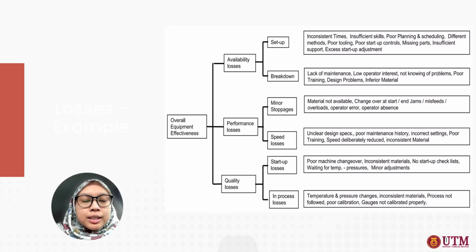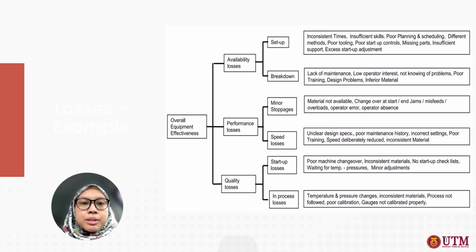Okay, for better understanding, here are some loss examples. We can see availability losses, which are setup losses, such as inconsistent times, insufficient skill, poor planning and scheduling, different methods, poor tooling, poor startup control, missing parts, insufficient support, and excess startup adjustment. Availability losses from breakdown are such as lack of maintenance, low operator interest, not knowing of the problem, poor training, design problem or inferior material.